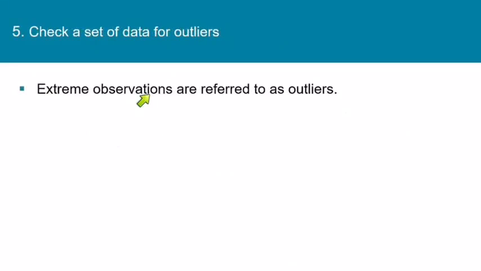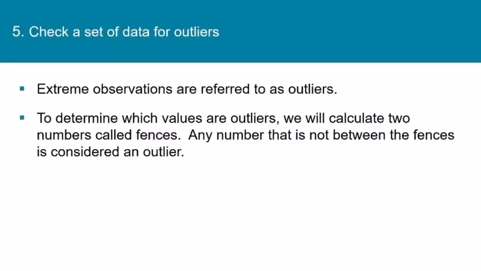Now, observations that are very extreme are referred to as outliers. To determine which values are outliers, we'll calculate two numbers that are called fences. Any number that's not between the fences will be considered an outlier. The formula for lower fence is Q1 minus 1.5 times the IQR.